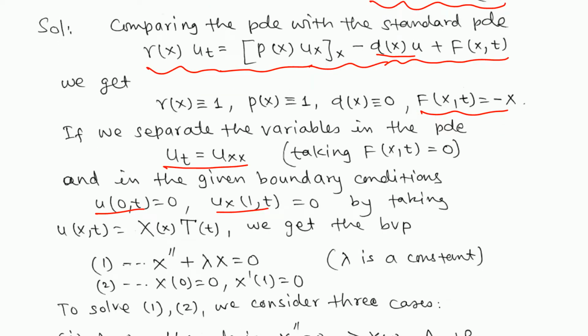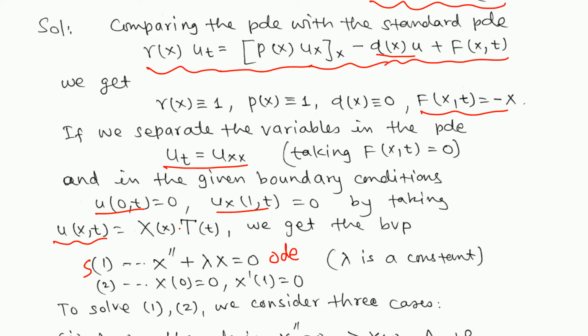By taking the usual u equals X times T, we get the boundary value problem. That means an ODE and two boundary conditions: X double prime plus lambda X equals 0, where lambda is a constant, and X at 0 equals 0, and this. You can try on your own.